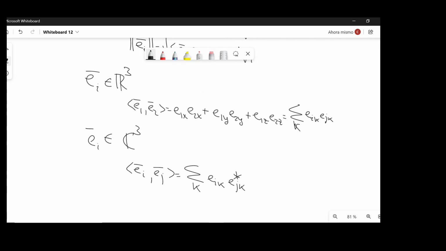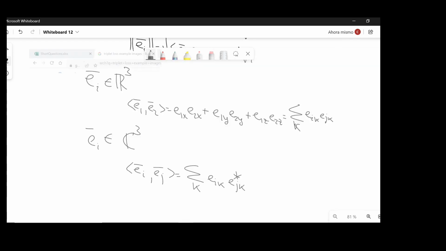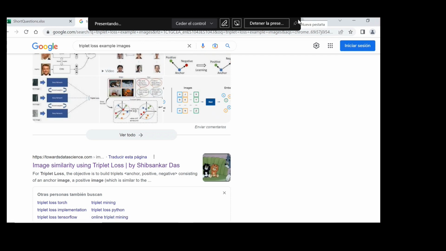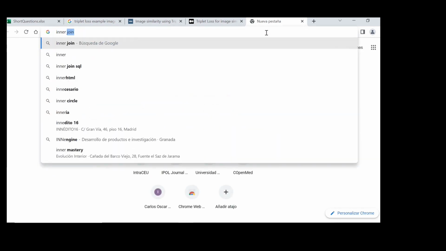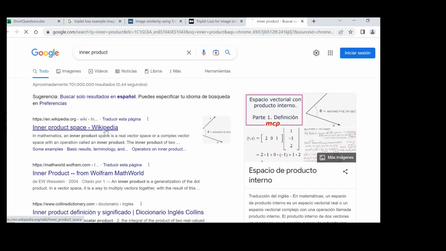This is a proper inner product. You know that to be an inner product, a function must fulfill a number of conditions. We can check those conditions. What are the conditions for being an inner product space?